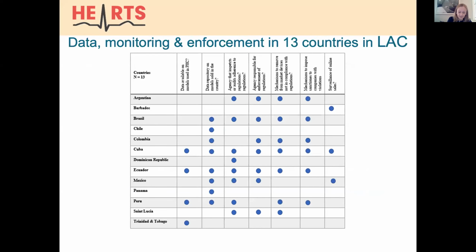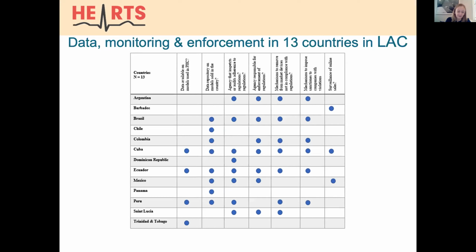Here we can see the results of the survey on data about the devices and the monitoring and enforcement mechanisms in these 13 countries that participate in HERS in the Americas.